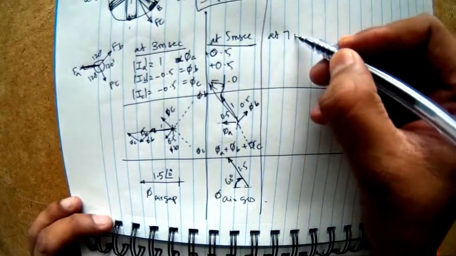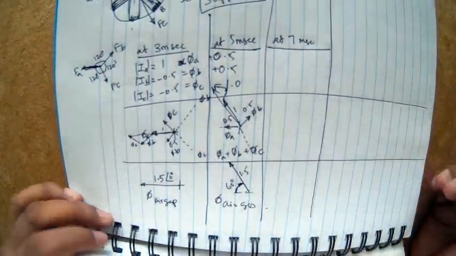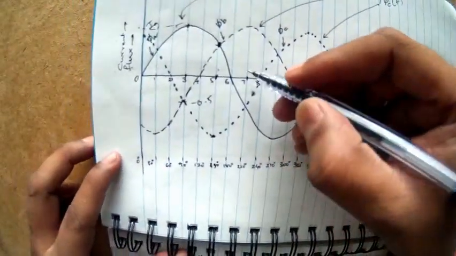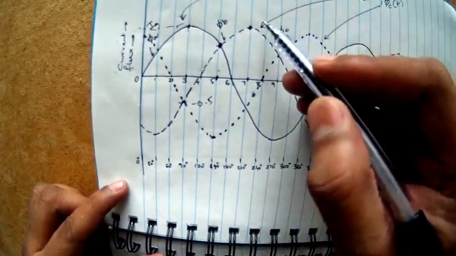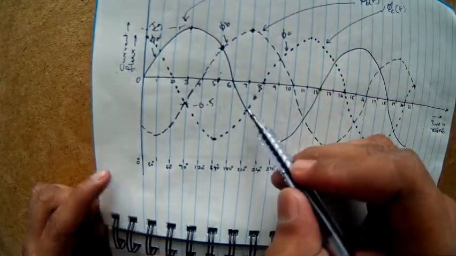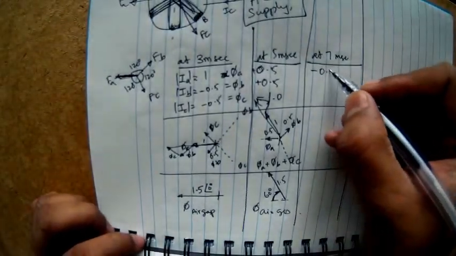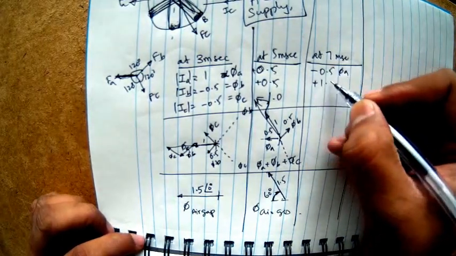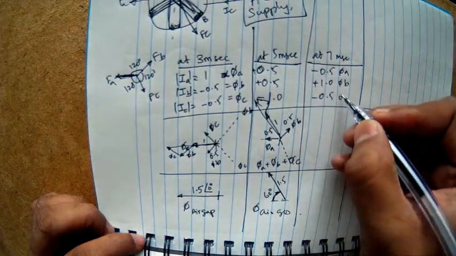Again, at 7 milliseconds, what happens? So I go back and look at 7 milliseconds. At 7 milliseconds, you notice that phi B is maximum, whereas phi A and phi C are minus 0.5. So let me write that. Minus 0.5 is phi A, phi B is plus 1.0, and phi C is minus 0.5.